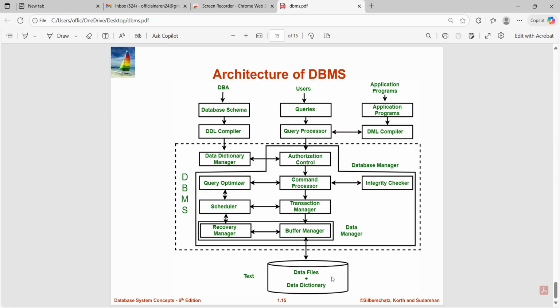And tier 3 is the database management files, which can be a raw file or different types of files. So this is a three-tier architecture, and we are going to see a lot more about the data flow in this architecture in the upcoming sessions.